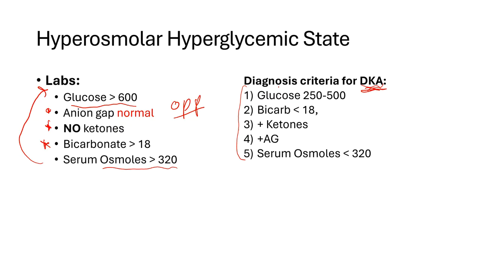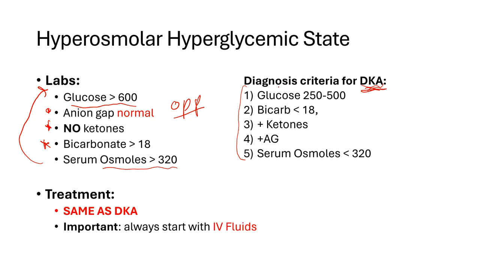The treatment is very straightforward as well because we've already talked about it. It is the same as DKA. I do want to emphasize that we typically start with intravenous fluids in HHS, just the same as in DKA. The complications such as edema, seizures, arrhythmias due to electrolyte issues, and DVTs and emboli due to dehydration and concentrated blood are very, very similar as well.